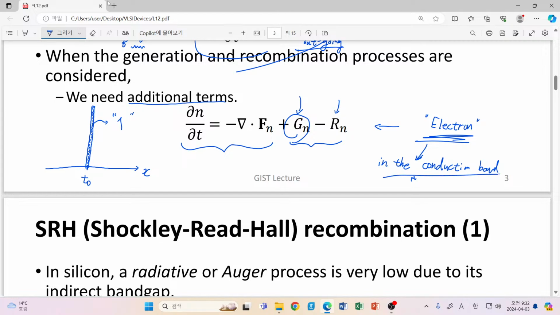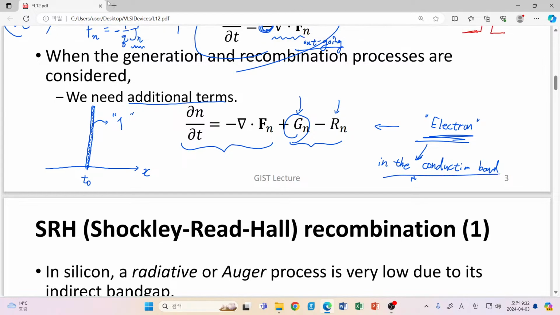So say that now we have this situation. Here we have a conduction band minimum and valence band maximum, and if we have one electron in this position, then we say that, oh, we have one electron.